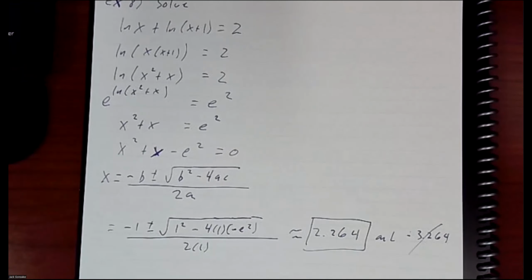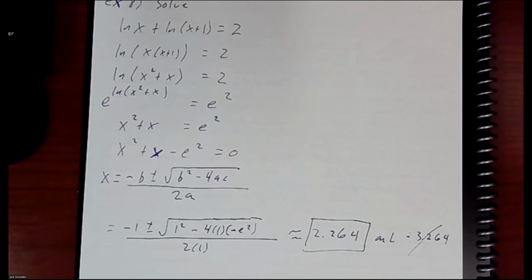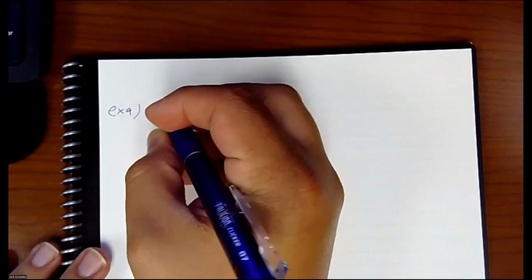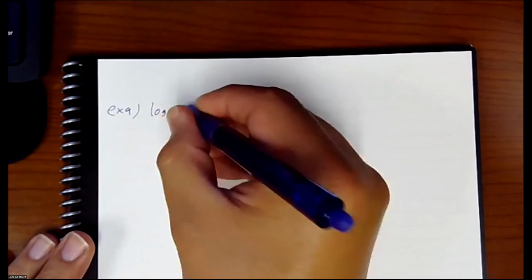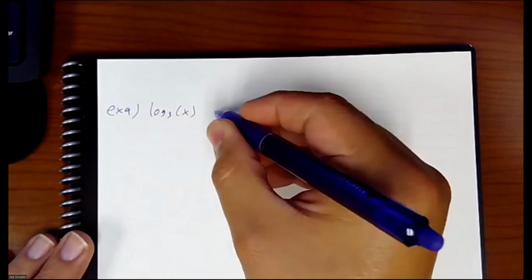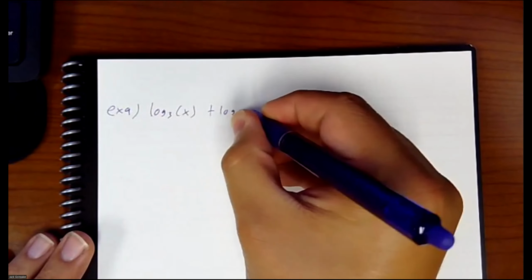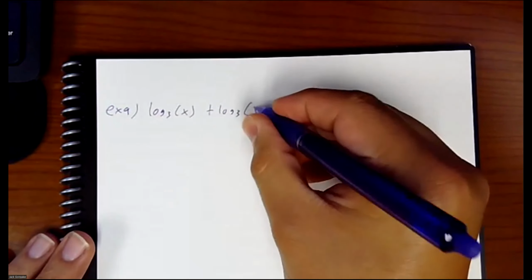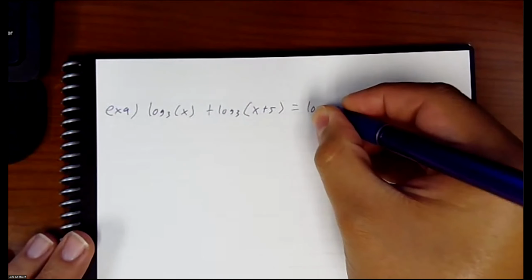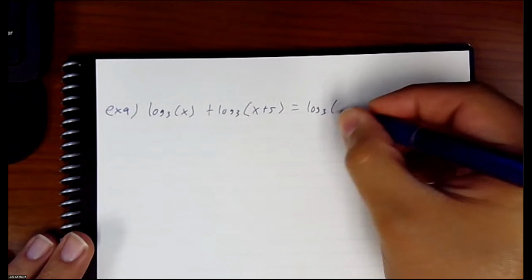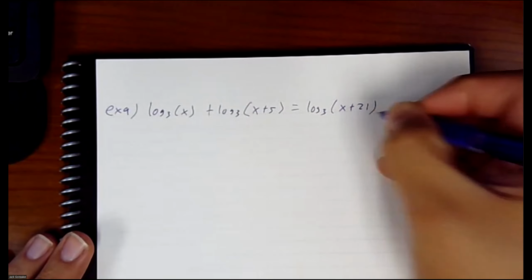Okay. Let's do another one. Number 23: log base 3 of x plus log base 3 of x plus 5 equals log base 3 of x plus 21.